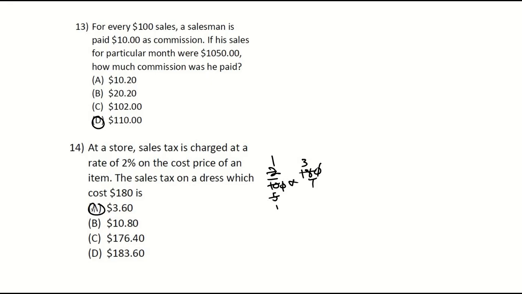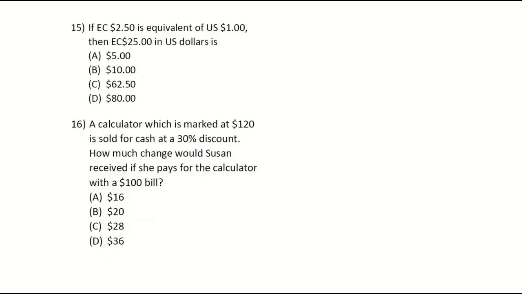You're looking for 3.60, that's E. They just want the sales tax, so it's E. Alright, this one here, we did this already. It would be A. 10 US would give you 25 EC. Can't be this, can't be this, can't be this. A calculator. This is a repeated question. The change is $16. We know that the cost of the calculator, if paid cash price, is 84.